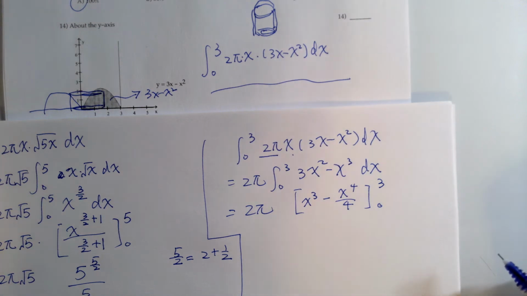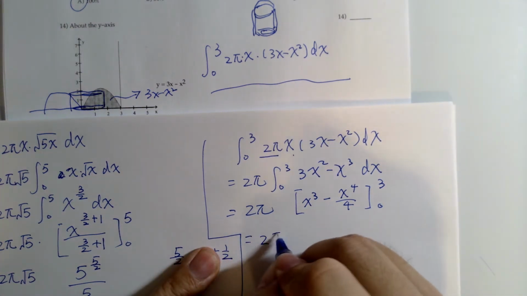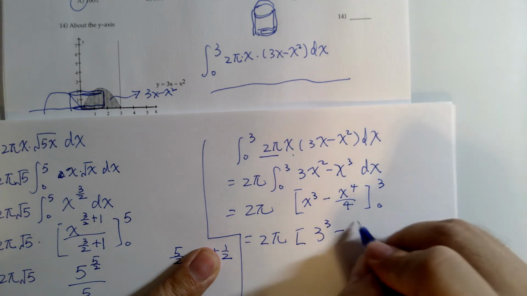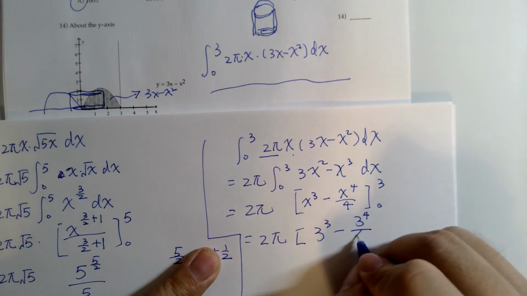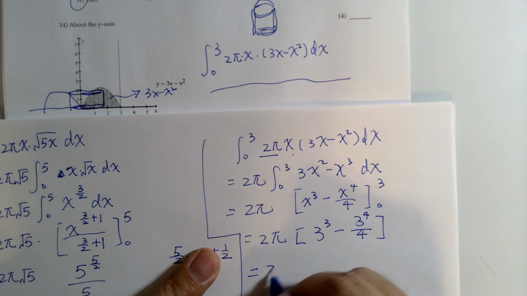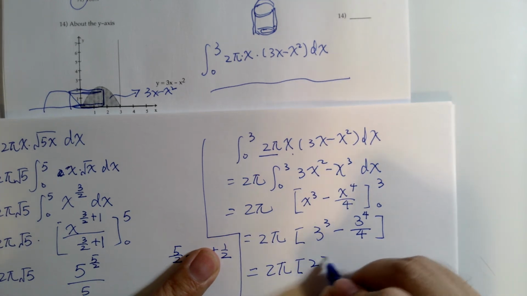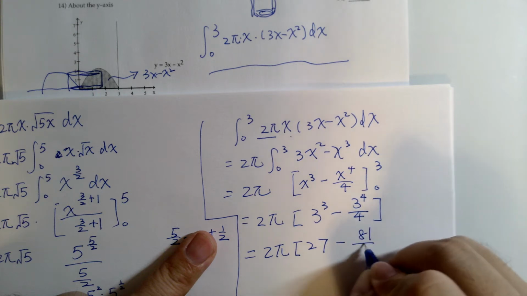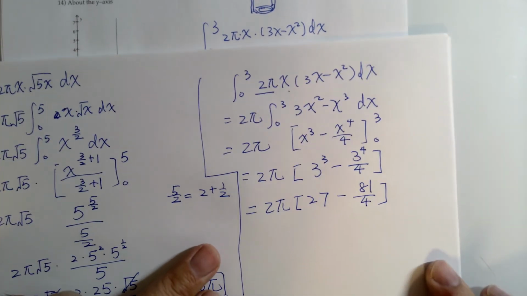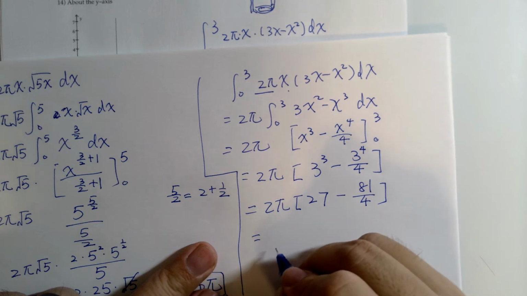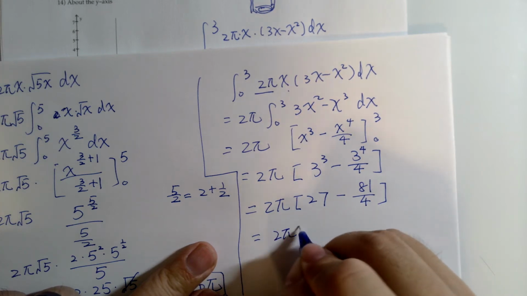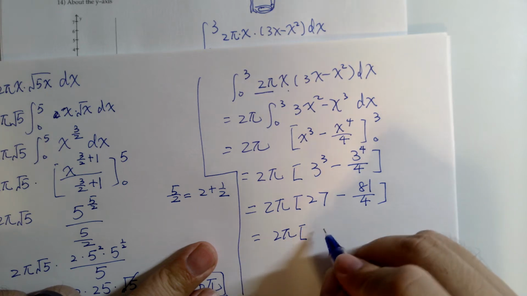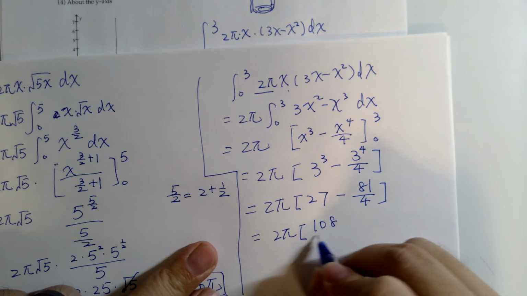So that is 2 pi times 3 cubed minus 3 to the power 4 over 4. This becomes 27 minus 81 over 4. Now let's do this: 27 times 4 gives us 108.